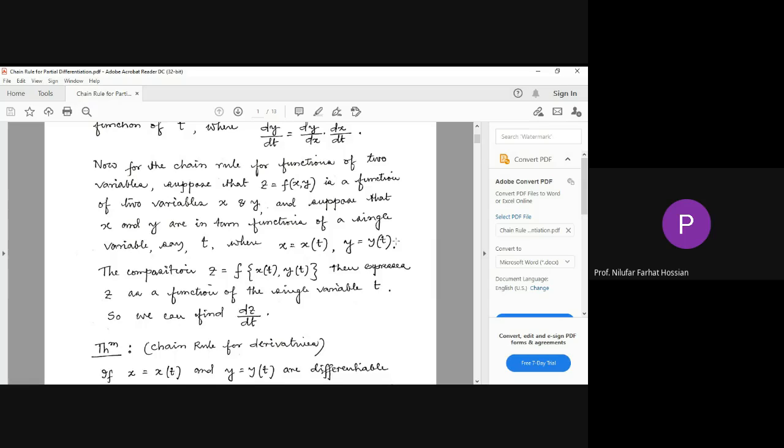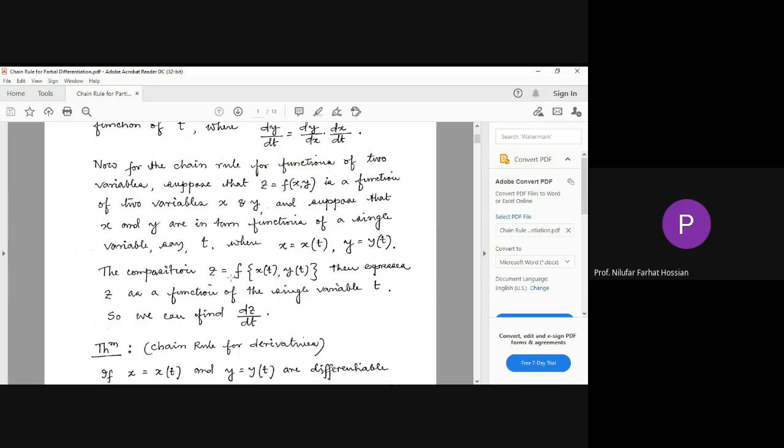In that case, ultimately z can be expressed as a function of t, because z equal to f of x, y, that means z equal to f of x of t, y of t. So what does it mean? Ultimately, the whole function can be expressed as a function of t only.